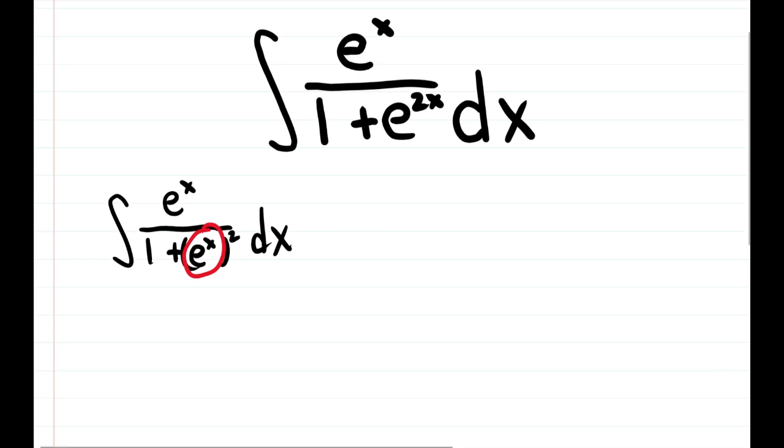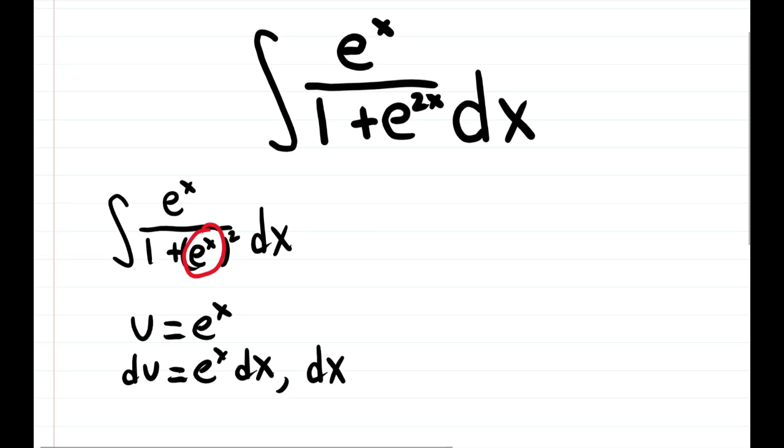So let's write u is equal to e to the power of x. So du is equal to e to the x dx, which means that dx is equal to du over e to the power of x. So now let's rewrite our integral again.